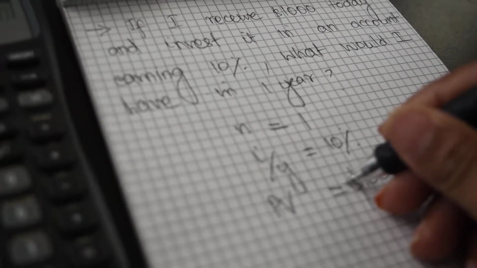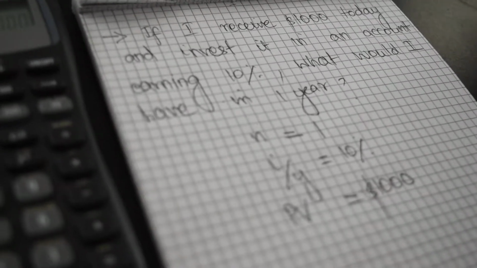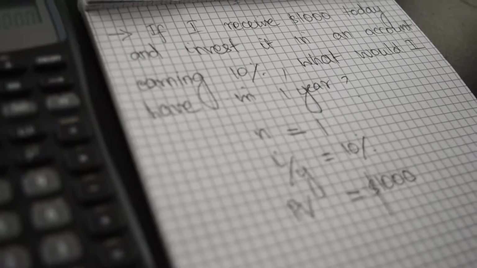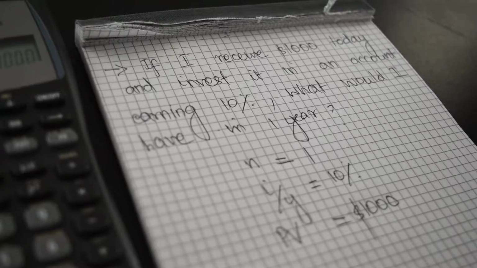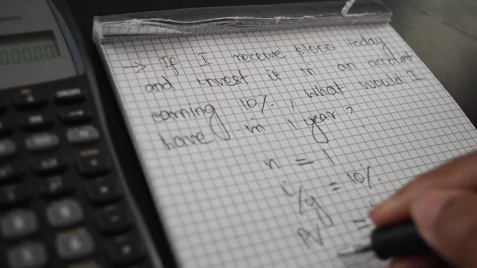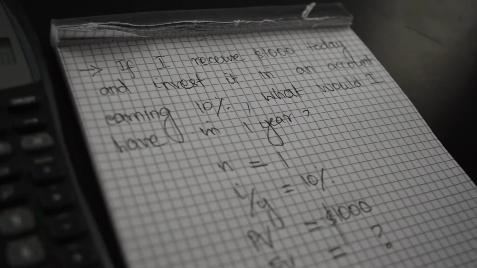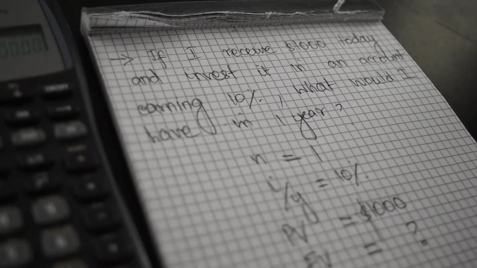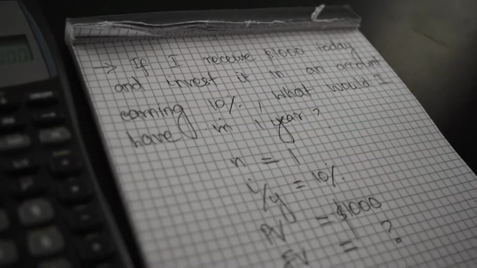I have this as positive because I'm receiving the $1,000 today. Okay? Future value would be equal to question mark. I don't know what the future value is. I need to calculate that because I'm asking what would I have in 1 year.